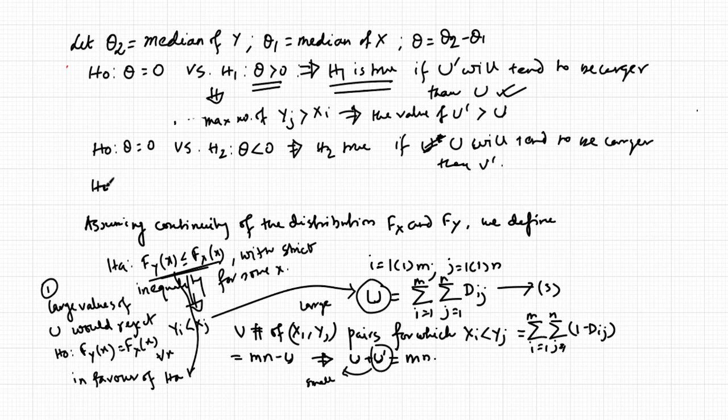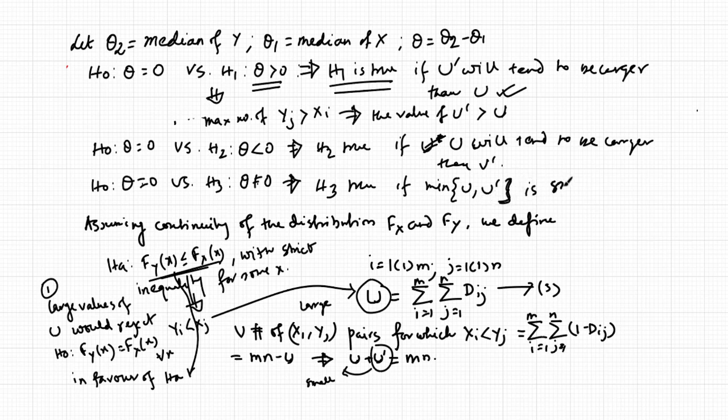And for the two-tail test, H3 is true if the minimum of u and u dash is small.